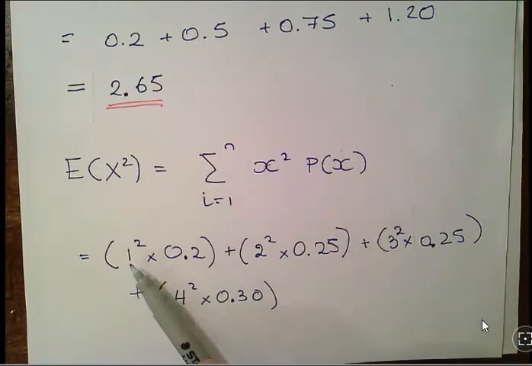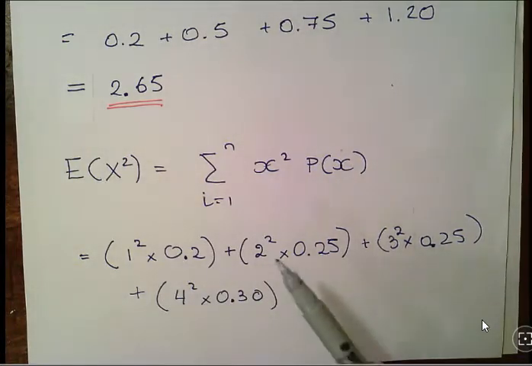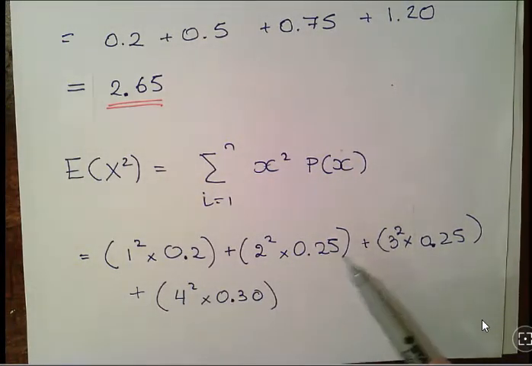So the outcomes were 1, 2, 3, and 4. And rather than multiply the outcomes by the probability, we multiply the square of the outcomes by the probability. 1 squared times 0.2 plus 2 squared times 0.25 plus 3 squared times 0.25 plus 4 squared times 0.30.